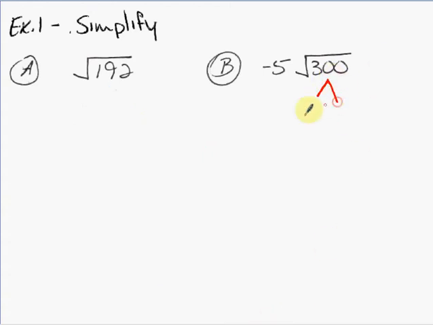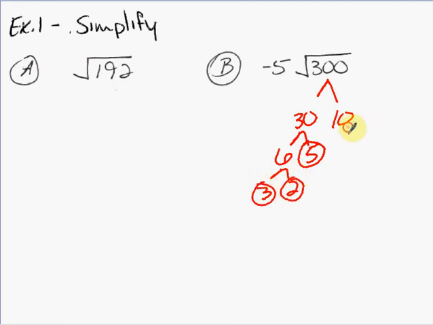Forget about the negative 5 for a second. Let's just break up 300. We'll say 30 and 10. 30 is 6 and 5. Circle the 5, it's prime. 6 is 3 and 2. And 10 is 5 and 2. We'll circle both of those. Let's switch to blue and look for pairs.